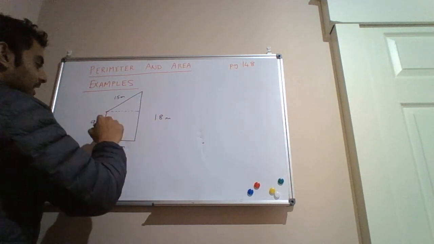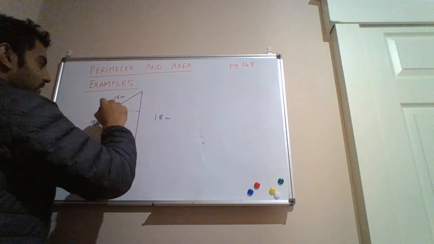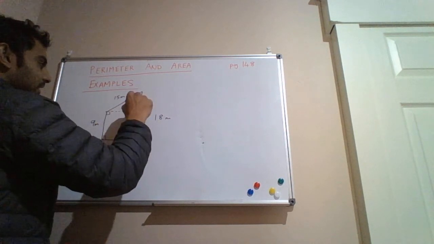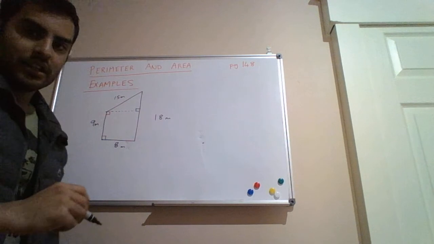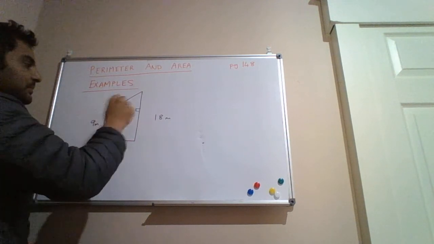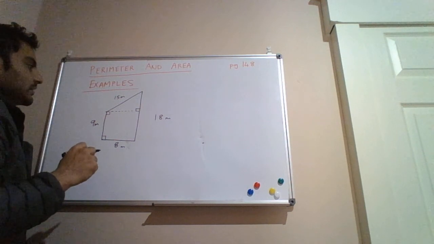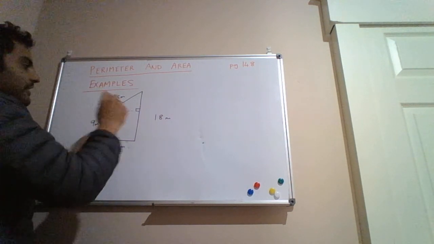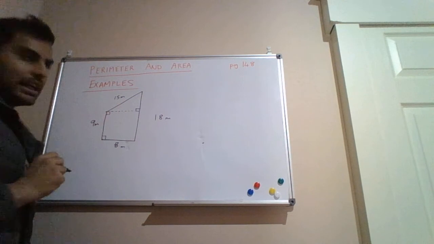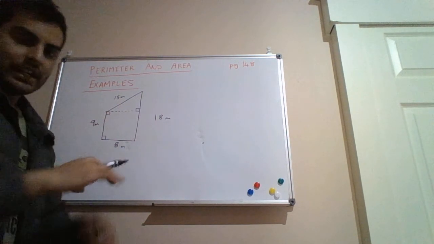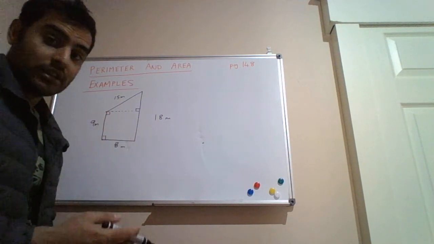Now, specifically, these are all 90 degrees. So I have specifically a right angle triangle. So I'm going to work out the area of this rectangle, add it to the area of the triangle, and I'm going to put the two together and get the total area.